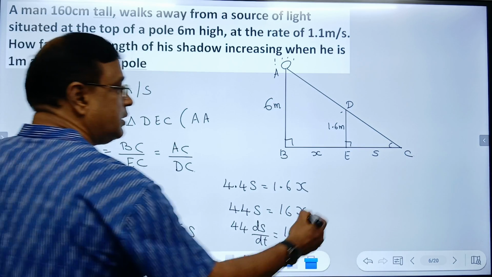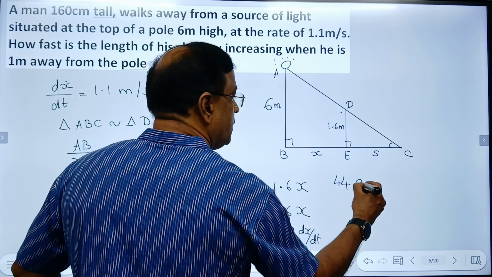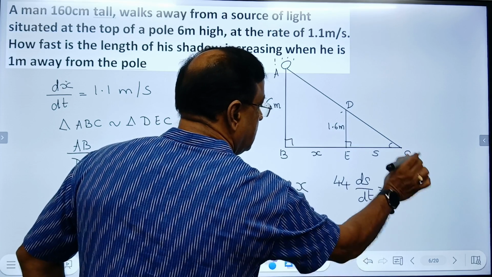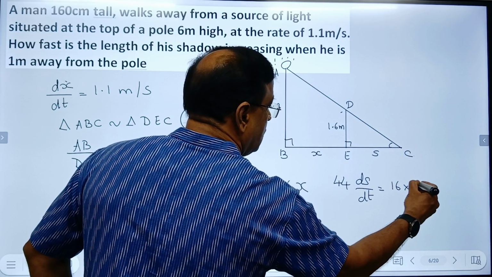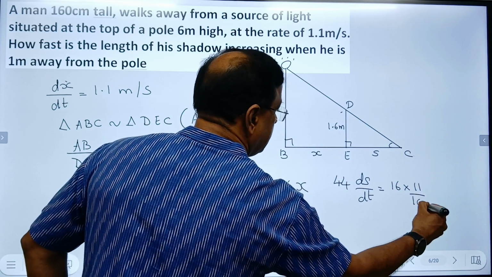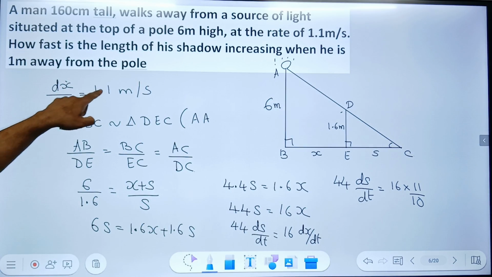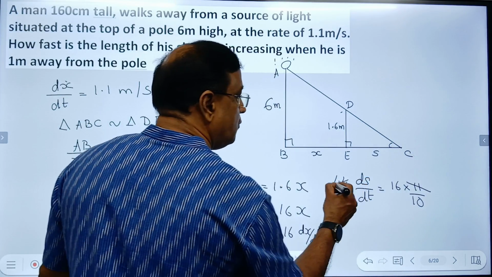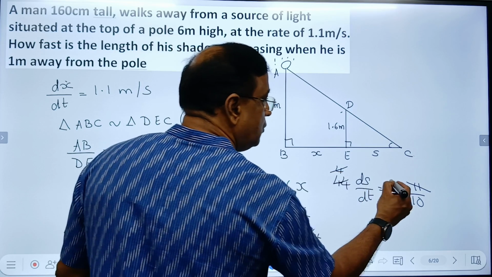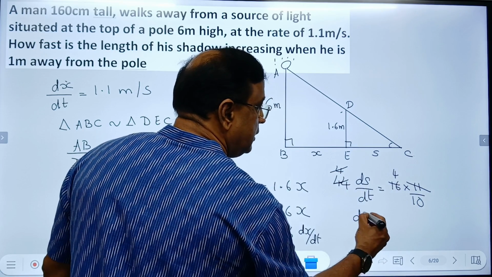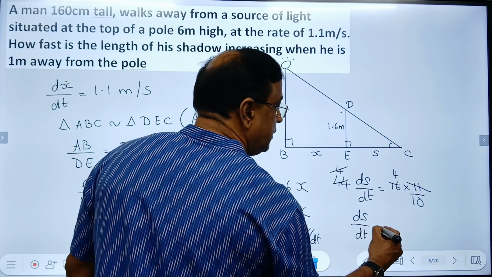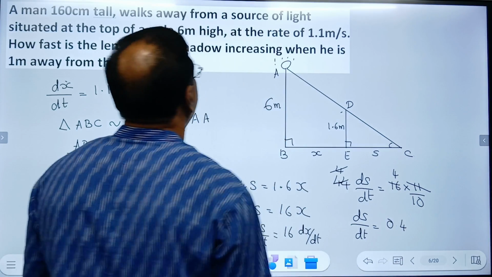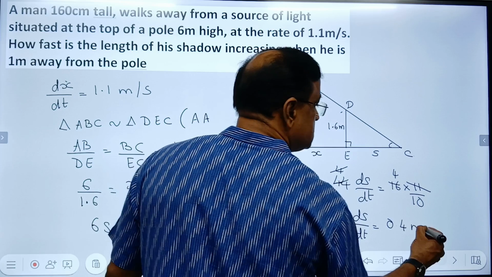But it is very clearly given that dx by dt is 1.1, so 11 by 10. So 11 goes 4 times, 4 will go 4 times, so I get ds by dt is 0.4. The unit is meters per second.